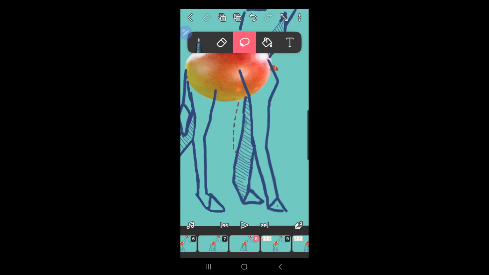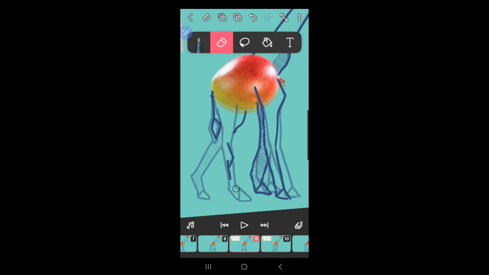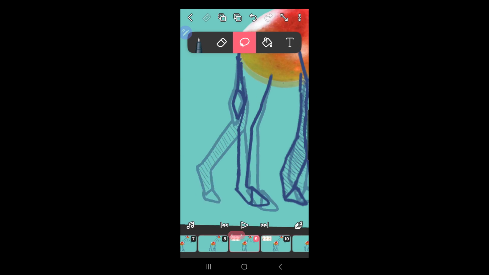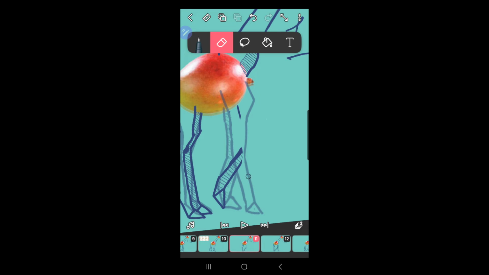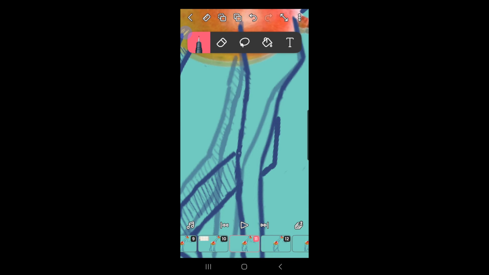And then a lot of times like this, they're walking like they're not supposed to. You can see here I am redoing some bits and pieces.